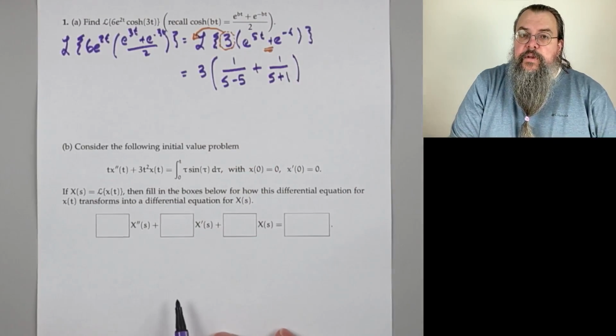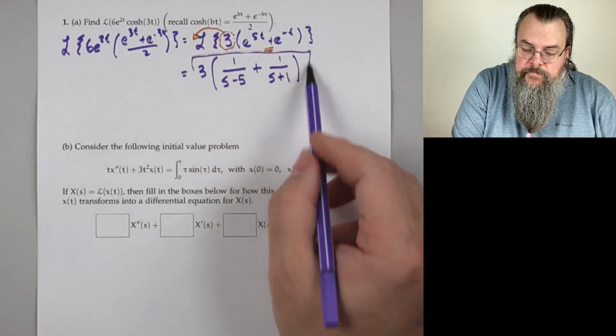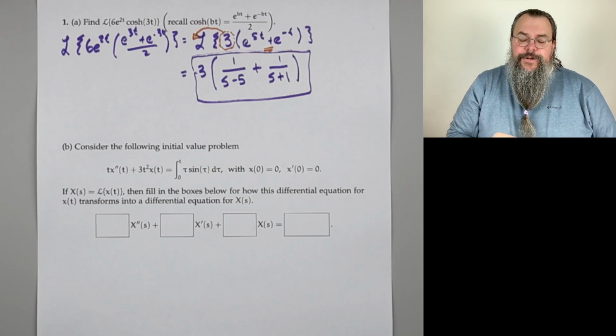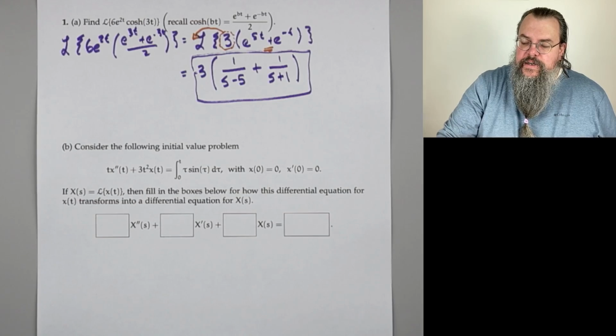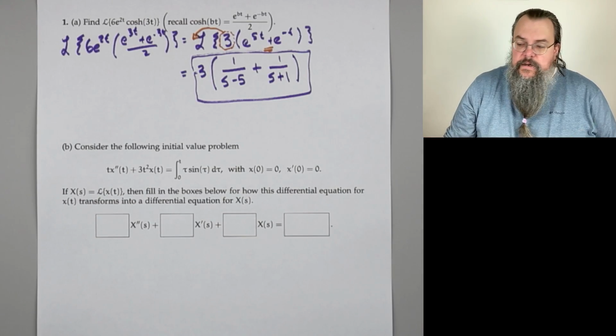So it becomes 1 over s plus 1. And that's it. We're done. We found it. Woohoo! Nice. Now we could put them together and get another answer, but that's perfectly fine. We just needed an answer, and here we are.